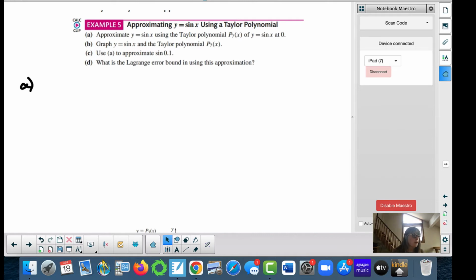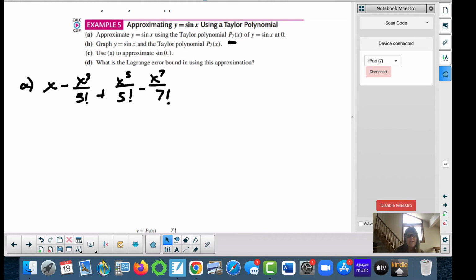First part, we're going to do sine x. We already know the Maclaurin expansion for sine x. We did that, and that was one of the ones in the chart that you should know. So the Maclaurin expansion for sine x is x minus x cubed over 3 factorial plus x to the 5th over 5 factorial minus x to the 7th over 7 factorial.